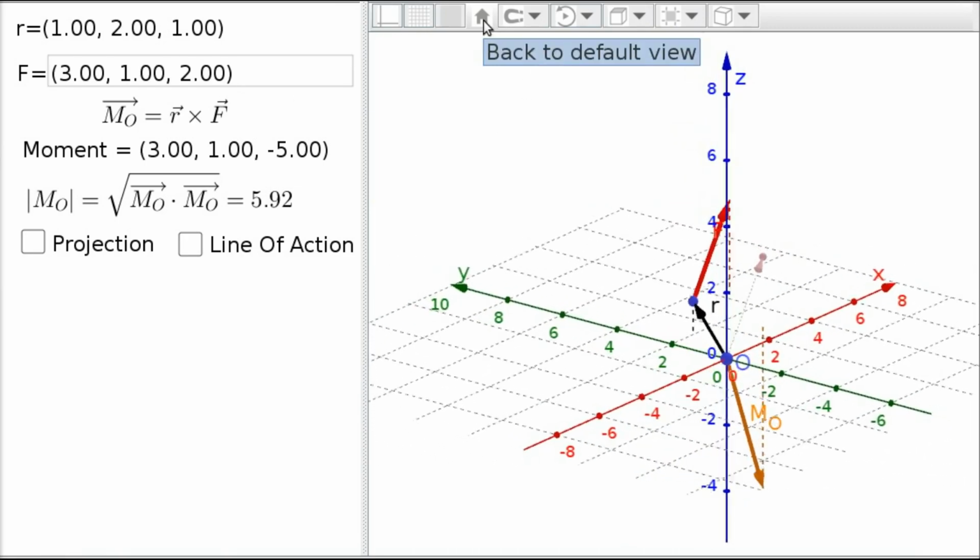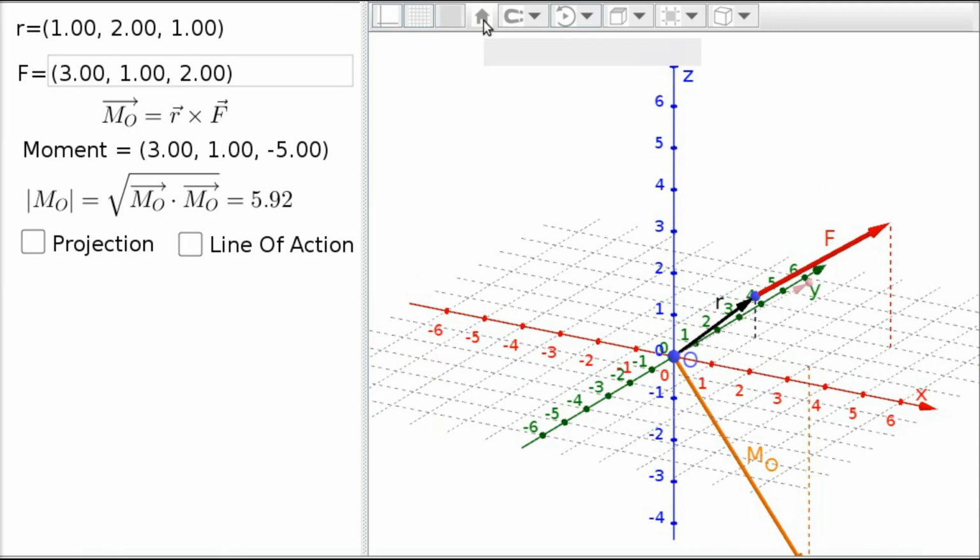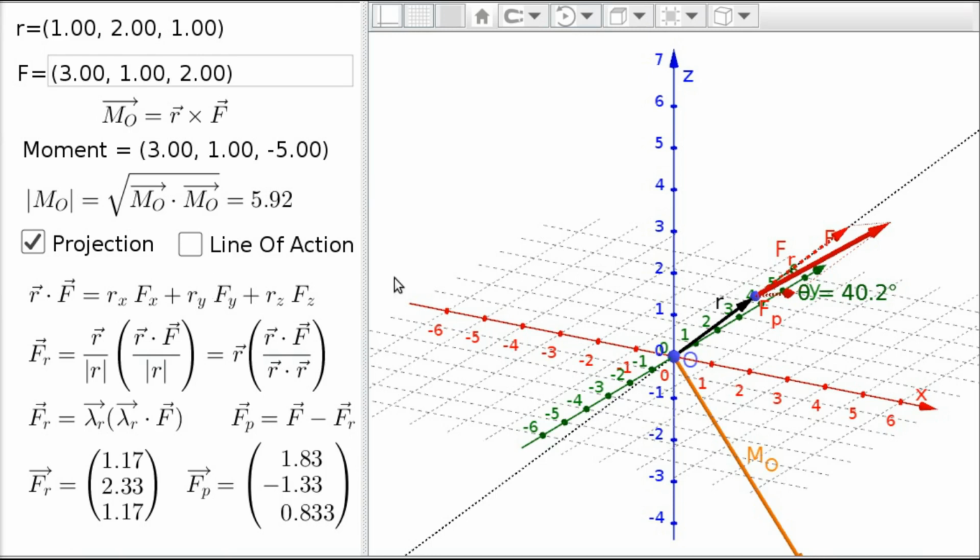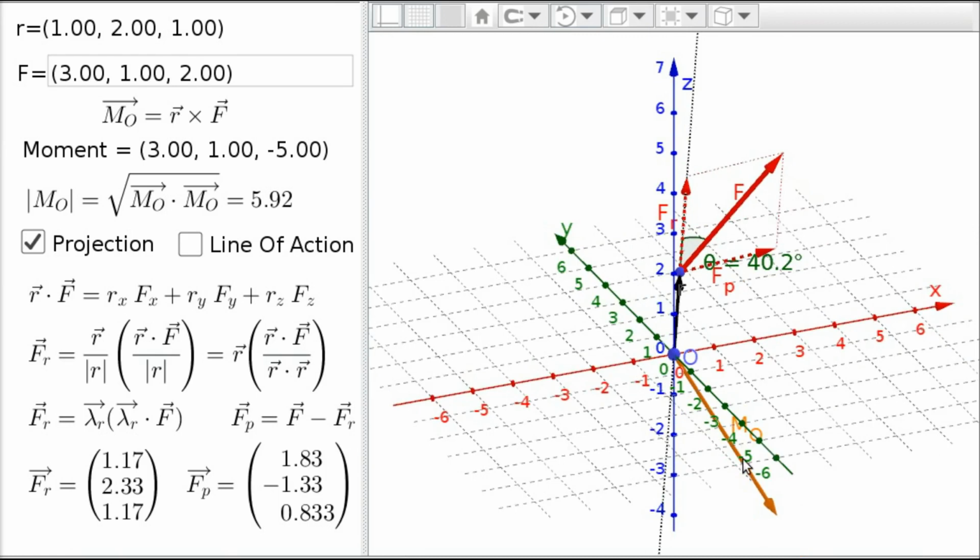A couple of features, again, about cross and dot products that we'll see are the projection first. If we extend our position vector to a full line, we can see a projection of this force vector in the direction of our position vector.